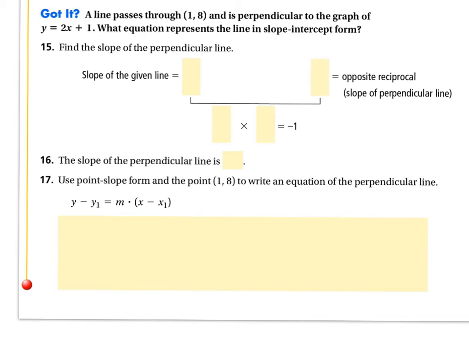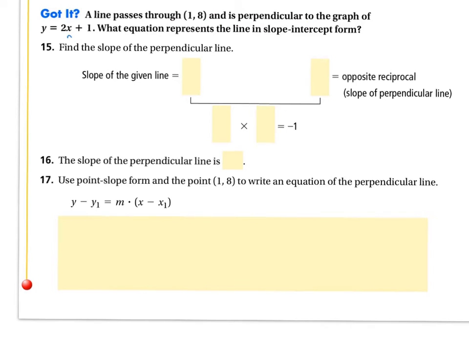In problem 3, we're asked to create an equation of a line that will pass through (1, 8), but is perpendicular to the graph of y equals 2x plus 1. To determine that, we need to first remember that a perpendicular line is a line which has the opposite reciprocal of the original line's slope.